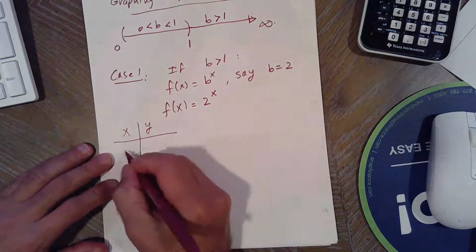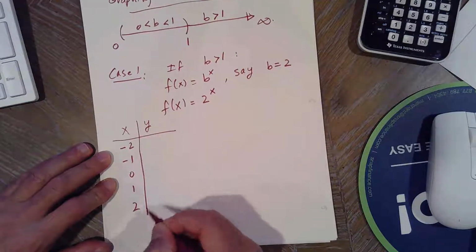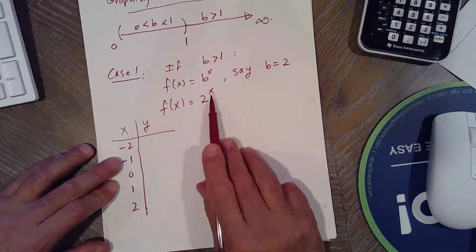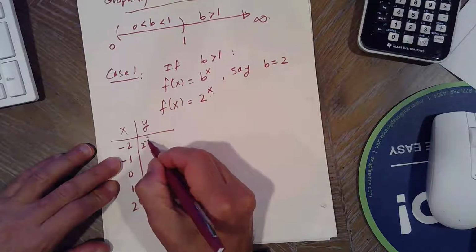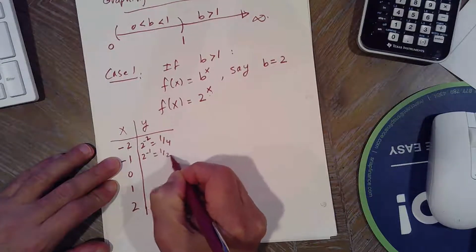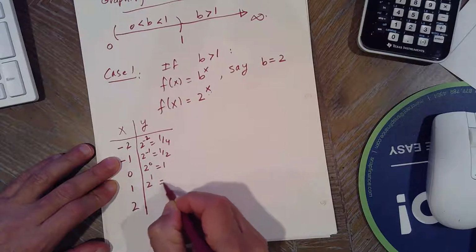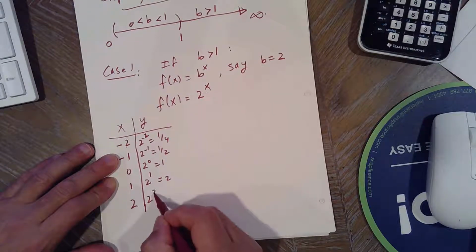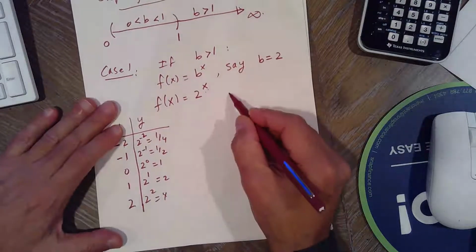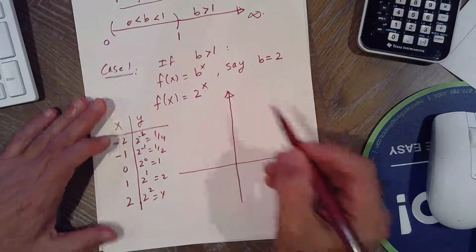I'm gonna pick a few negatives, a 0 and a couple of positives, and plug them in. 2 to the negative 2 is 1 over 4. 2 to the negative 1 is 1/2. 2 to the 0 is 1. 2 to the 1 is 2. 2 squared is 4. Okay, so let's graph and see what kind of graph we are talking about.